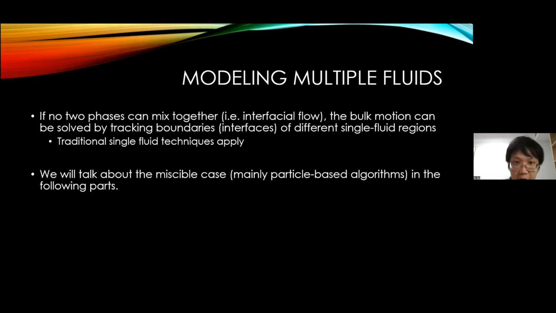So traditionally in computer graphics, the interfacial flows are dealt with very easily with the single phase equations, because you can just treat each region that contains one phase to be guided with a set of single phase Navier-Stokes equations, and you just need to handle the boundaries or the interfaces.